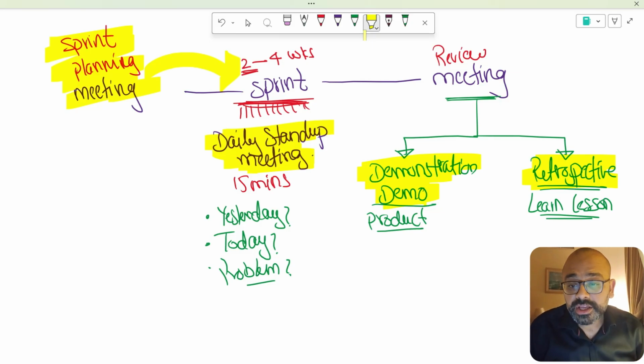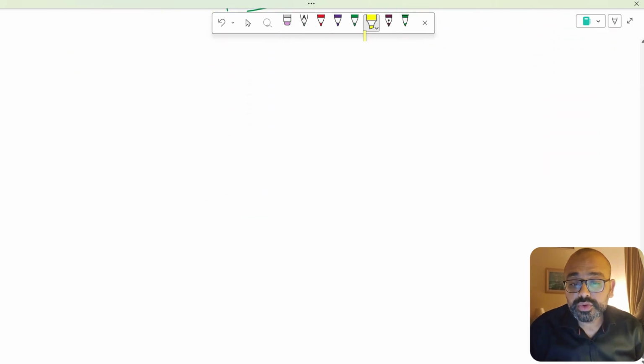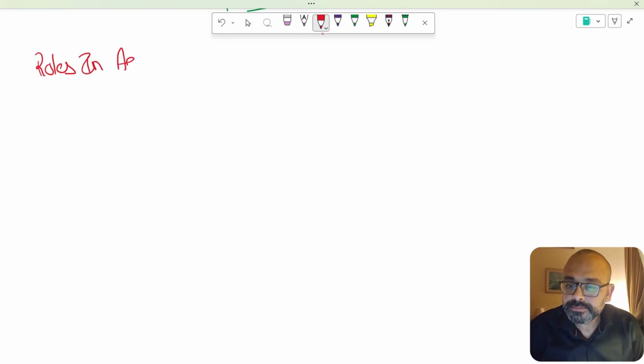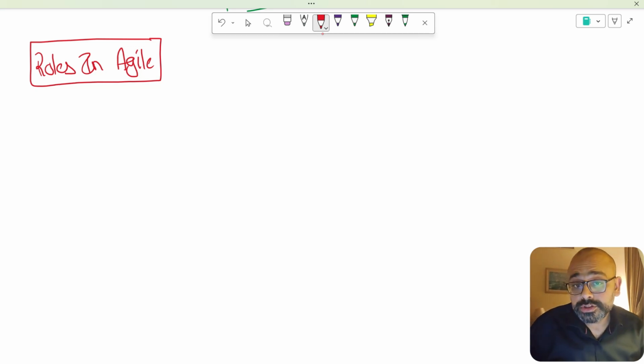Next concept in Agile is that you must know the roles in Agile. The roles in Agile, there are 3 roles in Agile. Number 1, we have a product owner.